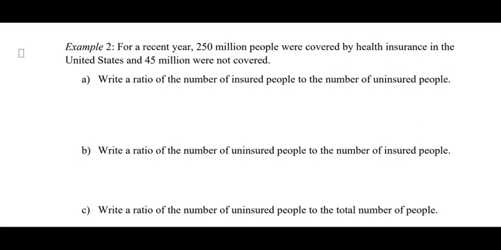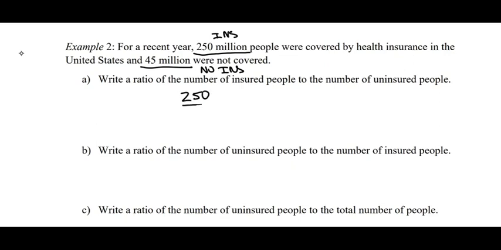In part A, we need to write a ratio of the number of insured people to the number of uninsured people. So 250 million is insured, and 45 million has no insurance. So the ratio of insured to uninsured would be 250 million to 45 million.